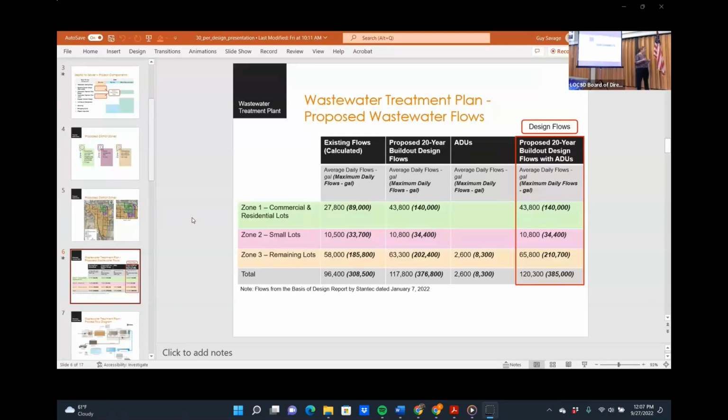There isn't a waste stream that we can test as we go along. So we're using other known areas. The treatment plant manufacturers work with this regularly, so there are some typical strengths and flows that we're working with. Those get applied to the number of lots within each of those zones. Then we break that down into your average daily flow and your max flow.